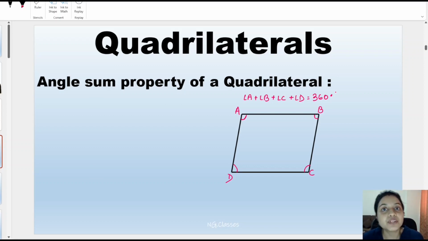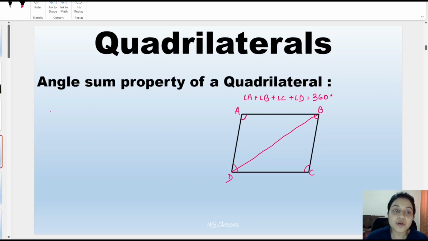For that, we will divide our quadrilateral ABCD into two triangles. So let's draw a diagonal. We can draw diagonal AC or we can also draw diagonal BD. So let's join vertex D with vertex B. Like this. Now we have two triangles, triangle ABD and triangle BDC.